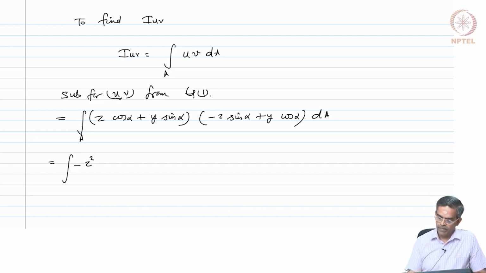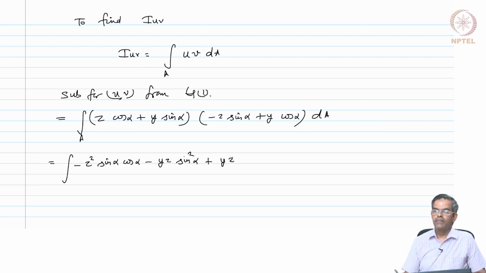which will now become the integral of minus z square sin alpha cos alpha, minus yz sin square alpha, plus yz cos square alpha, plus y square sin alpha cos alpha.